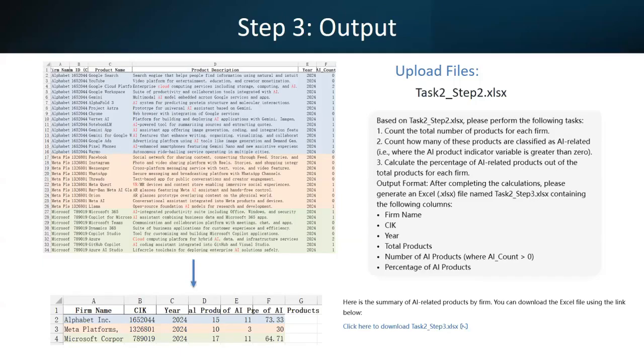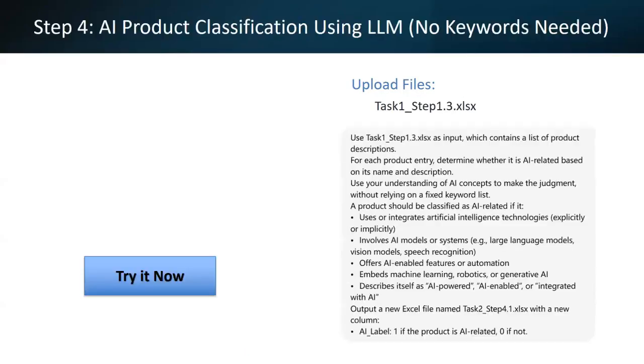One thing I want you to be aware of: this is the same as SQL group by firm ID. And then what if you don't use the keyword search and use another approach? That means you don't use the keywords we generated. You give the whole product description to GPT, and GPT tells you whether this is an AI product or non-AI product.